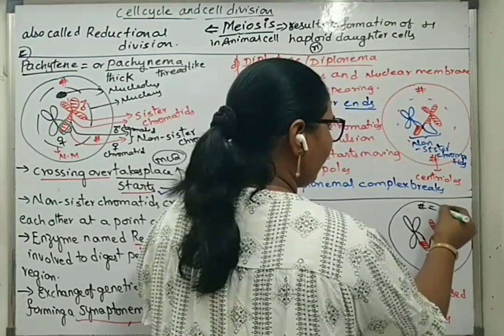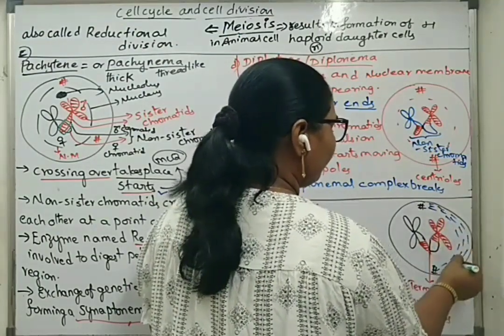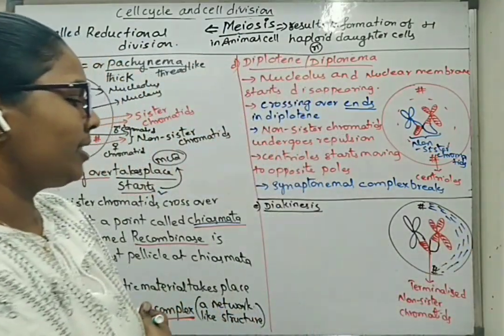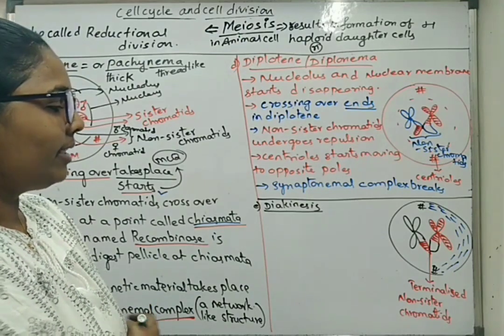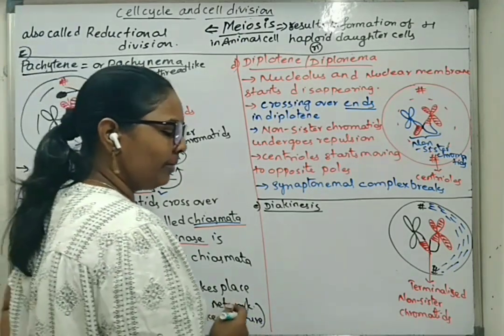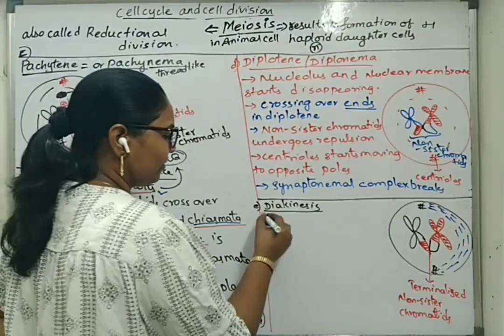Spindle fibers start forming, and now the non-sister chromatids started undergoing terminalization. Terminalization will be completed and finished here.